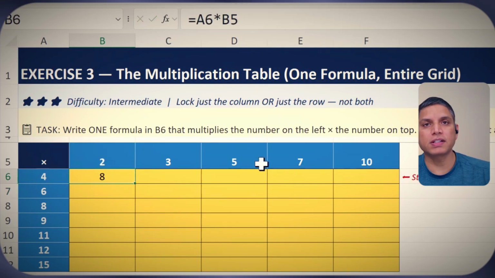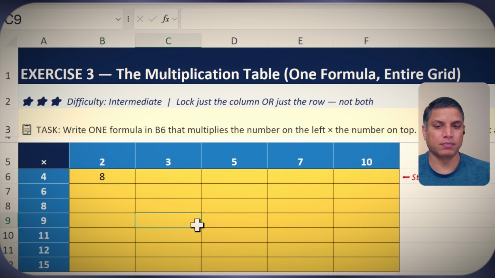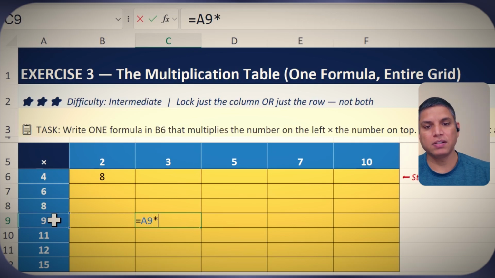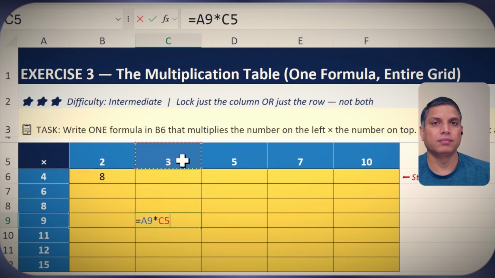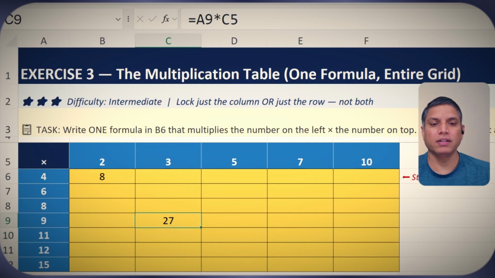Now what to fix? That is a challenge. So one way to look into it is, for understanding purpose, you can write some more sample formulas. So let's say I write one formula over here. If I was writing it manually, I will take this cell, multiply it with this cell, and the result is 9 into 3, 27, working fine.